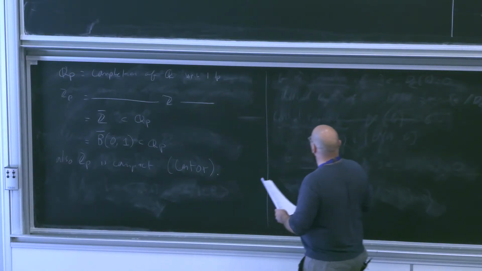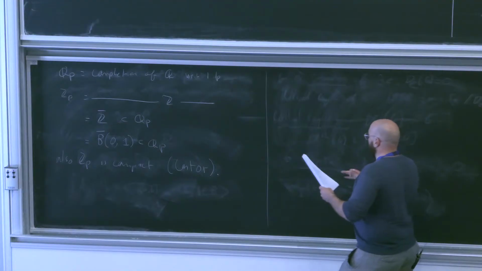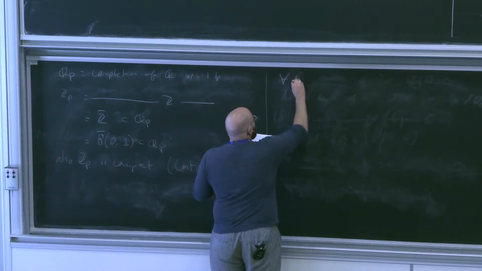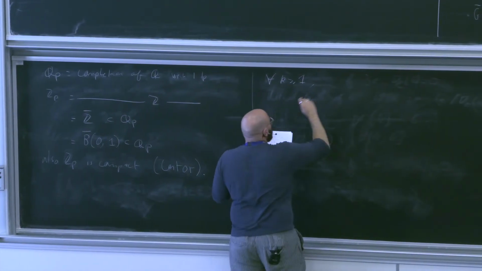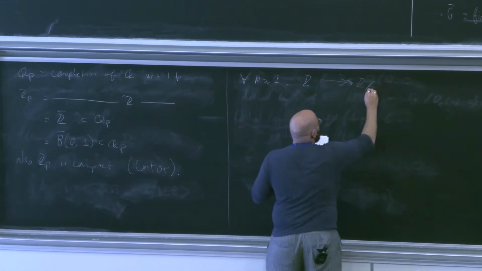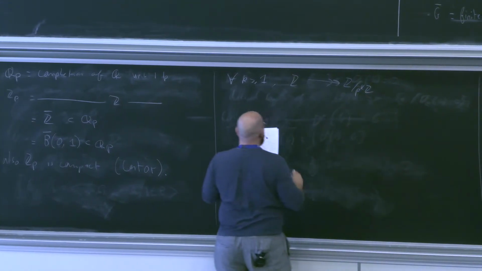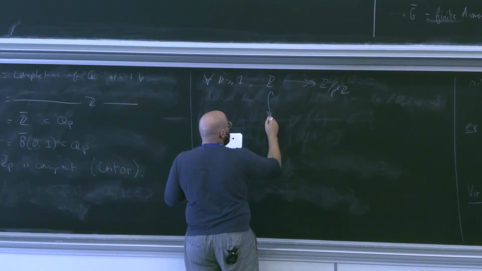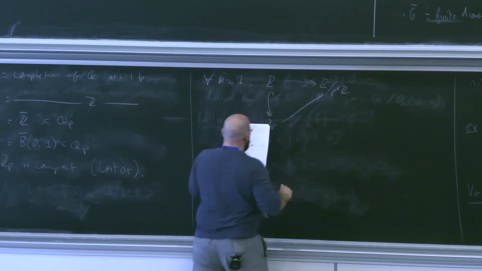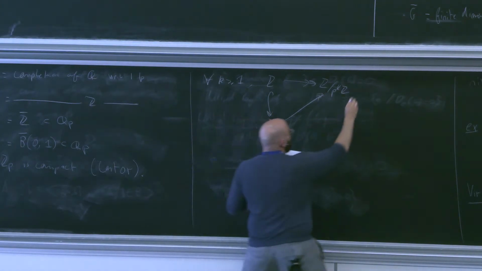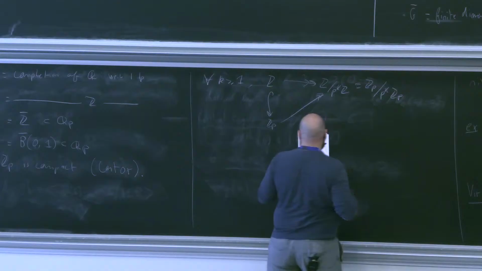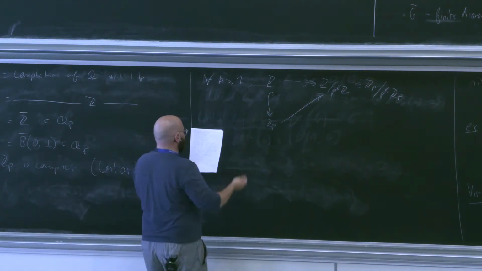One thing I also want to mention is that for all k bigger than or equal to 1, you have the quotient from Z to Z mod p to the k. This embeds into Zp, and this is commutative, so you also have the surjection here. So this is also Zp over p to the k Zp. How do you check that?